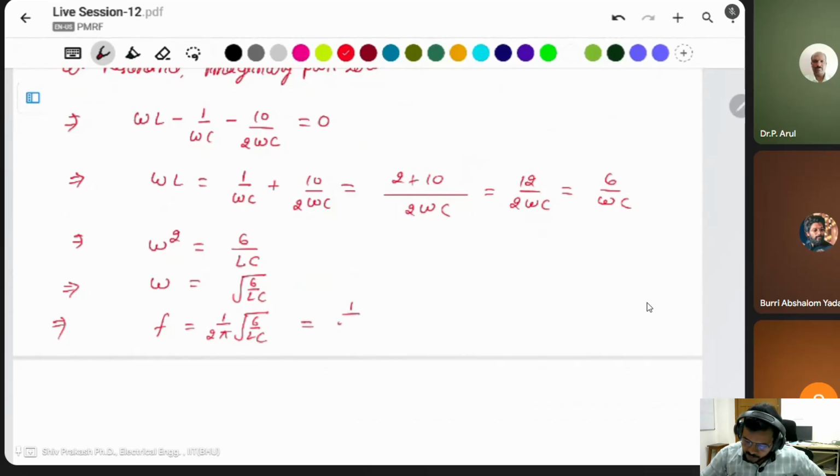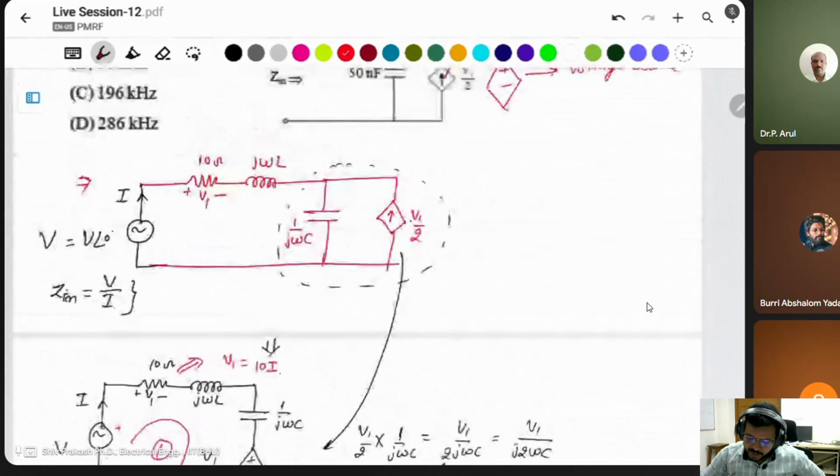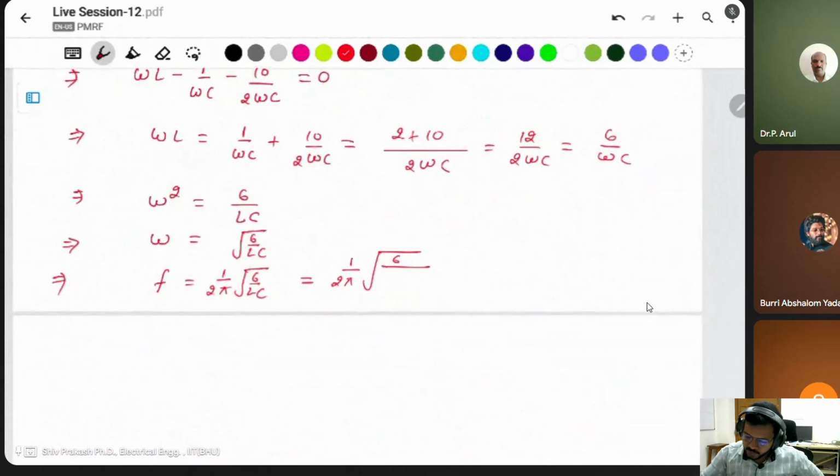1 upon 2 pi root of 6. What is the value of L? L is given as 1 millihenry and C is 50 nanofarad. So 1 millihenry means 1 into 10 to the power of minus 3, and 50 nanofarad is 50 into 10 to the power of minus 9.